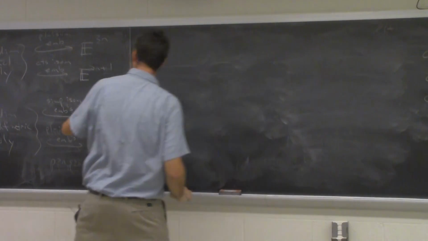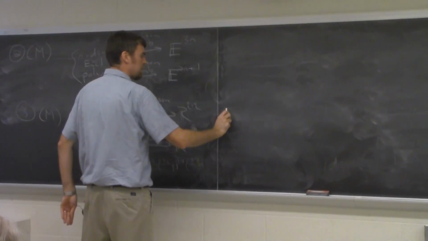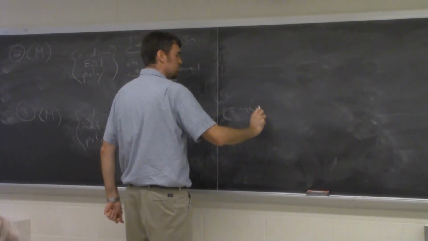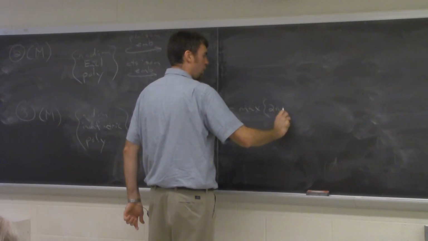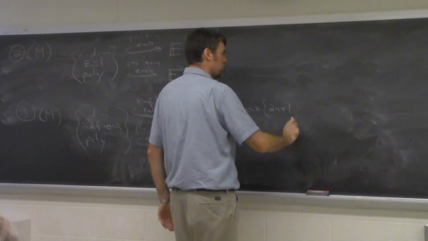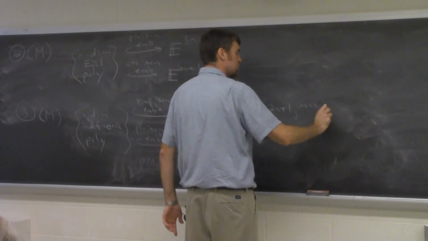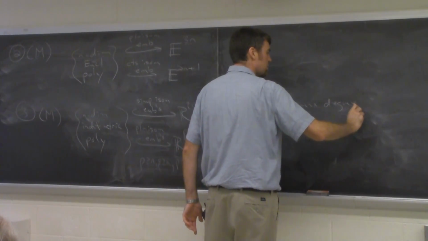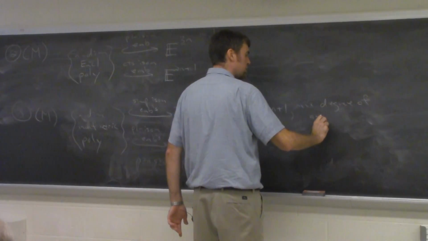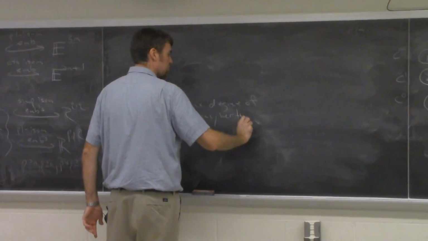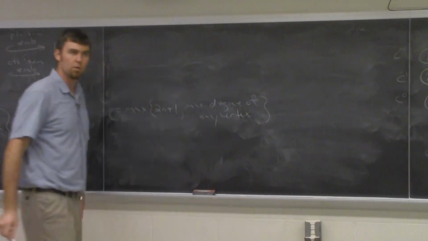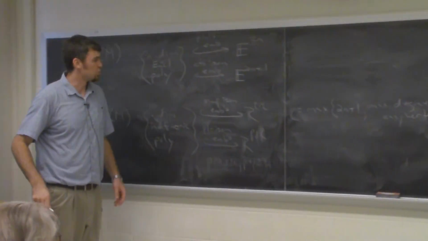So what is the q here? The q here is the maximum of 2n plus 1 for embedding, but then it's also the maximal degree of any vertex in your triangulation. Degree or valence, if you like the word valence, of any vertex in your triangulation.